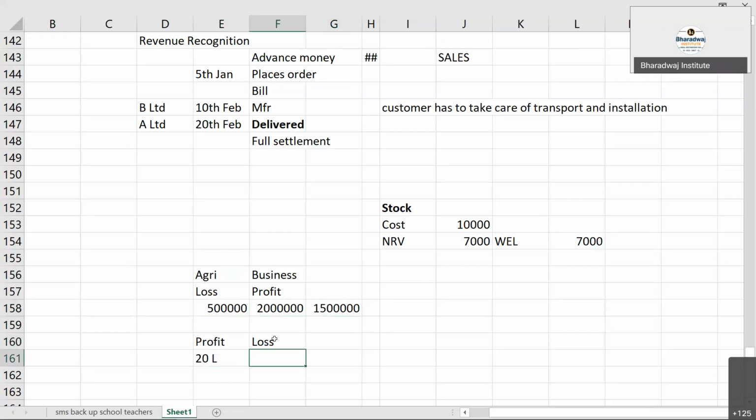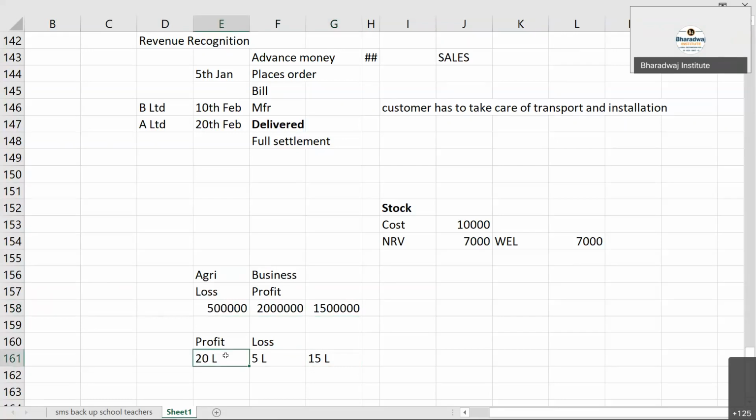In business, there is a loss of 5 lakhs. So he shows 15 lakhs profit. If you look at the income tax return, anyhow 15 lakhs of income is disclosed. There is no problem. But if you look at whether truth is disclosed, form is filled, but whether truth is disclosed, no. Truth is you have agriculture loss, business profit. Actually, you should pay the tax.